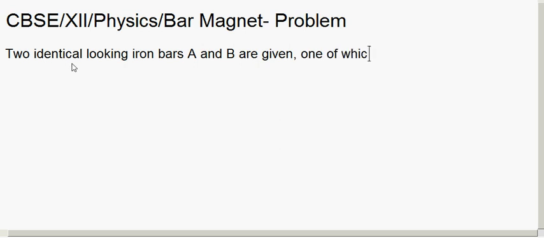One of which is definitely known to be magnetized. In bracket you write, we do not know which one.